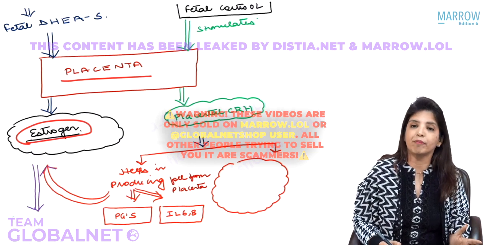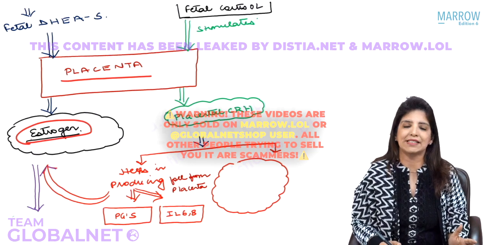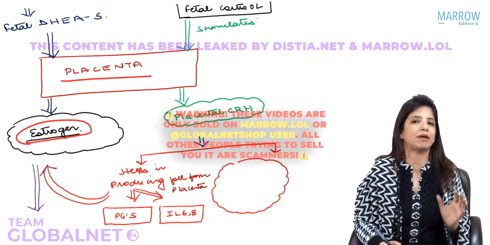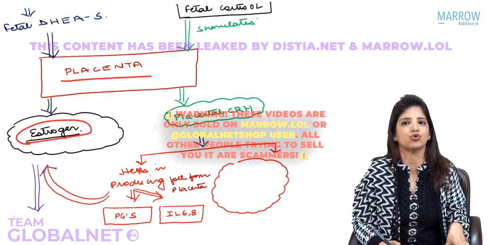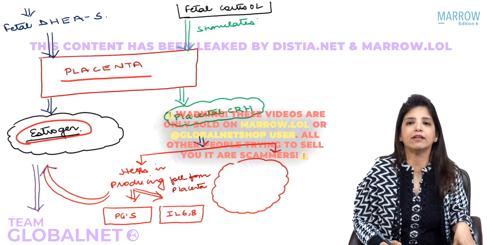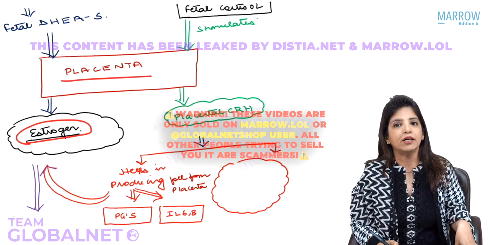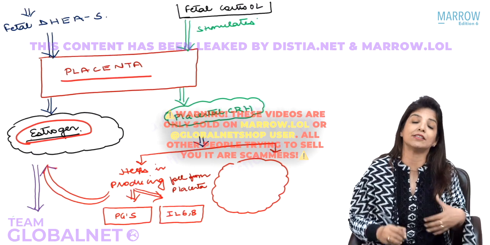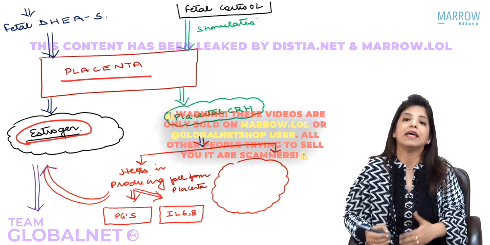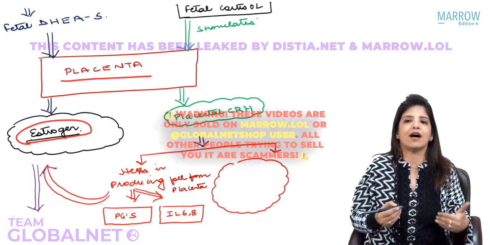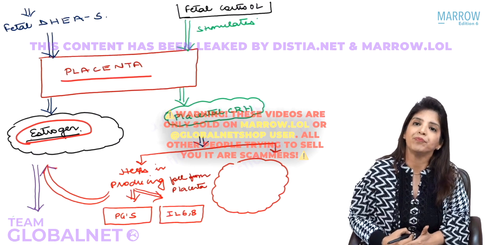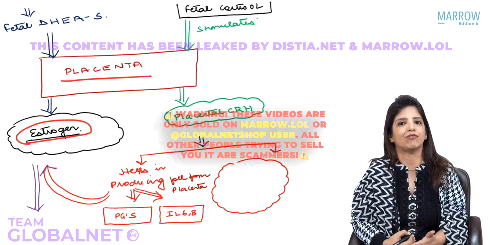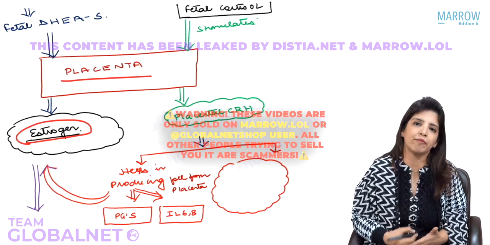If you remember the topic when we did hormones produced by the placenta, there I have already told you that the placenta cannot synthesize estrogen on its own unless and until it gets precursors from the fetus, and that precursor is fetal DHEA sulfate. This is precisely the reason why in an anencephalic fetus the amount of estrogen would be less, because in an anencephalic fetus the adrenal glands are hypoplastic.